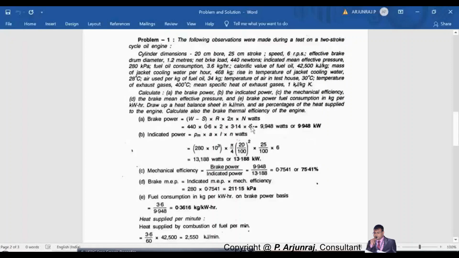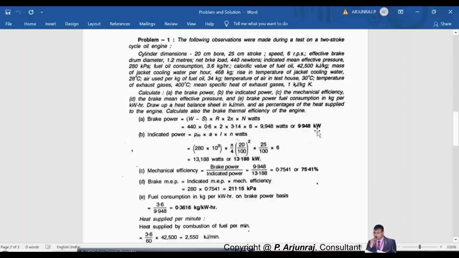So 2 pi N into the torque, which is the force 440 into the displacement. The effective brake diameter is 1.2, so you divide that by 2 to get the displacement. Force into perpendicular distance will be the torque. So when you do the calculation, you get 9.948 kilowatt.